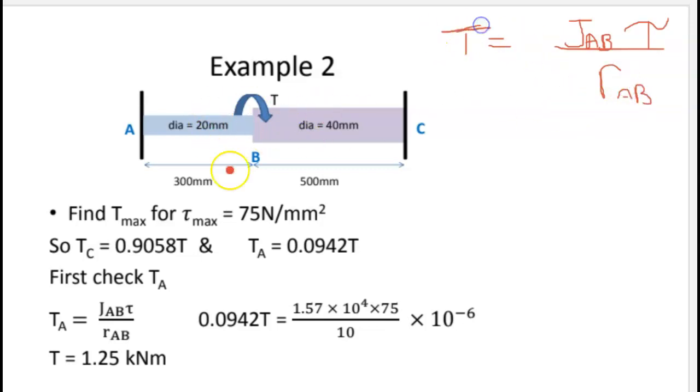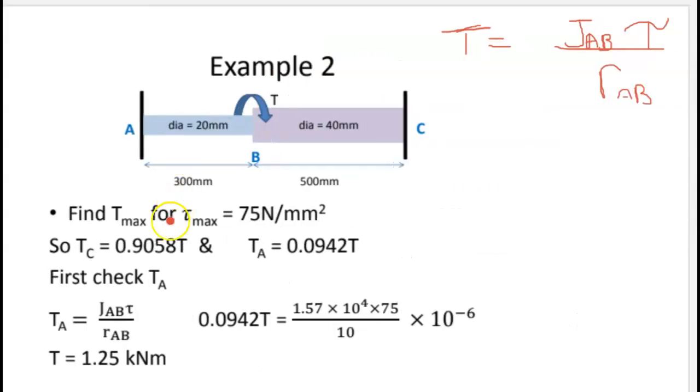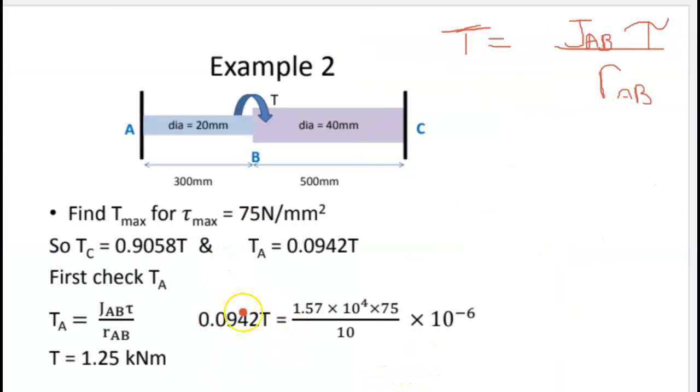This will give me a tau. I put in this value I already calculated, here. This one is this value 75. I put the 75 there. The radius of this one is 10. I don't know the exact value, but I know T_A is 0.0942 T. So I put that one here.